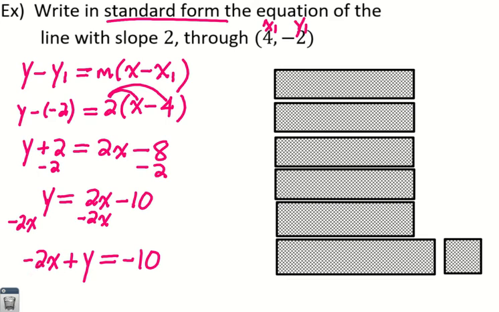So let's say we fix this by multiplying both sides by -1, you're going to get positive 2x minus y equals positive 10. And that's probably the more likely.